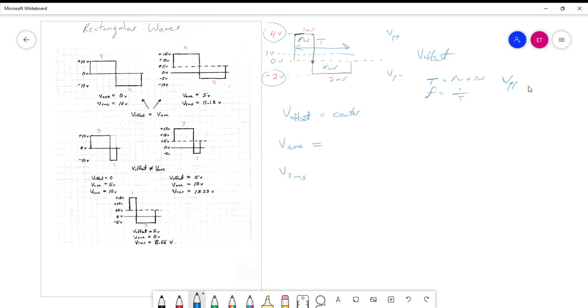So the formula is pretty simple. It simply takes into account how much time you're at this voltage and how much time you're at this voltage. To get the overall average of any rectangular wave, square waves included, offsets included, no matter what you're dealing with, this formula works for everything.